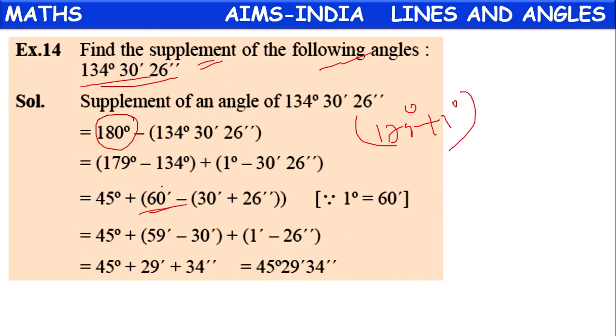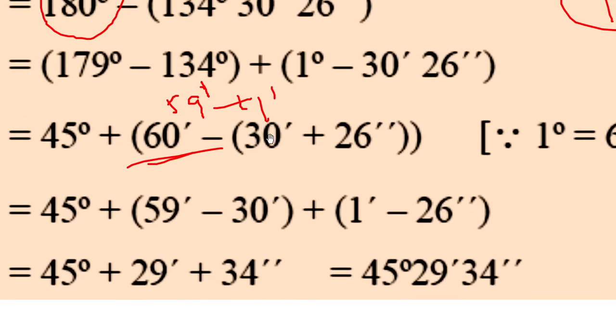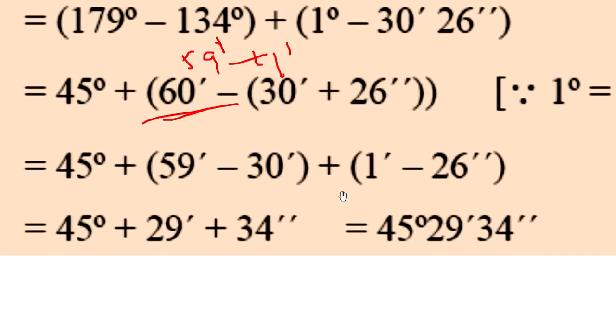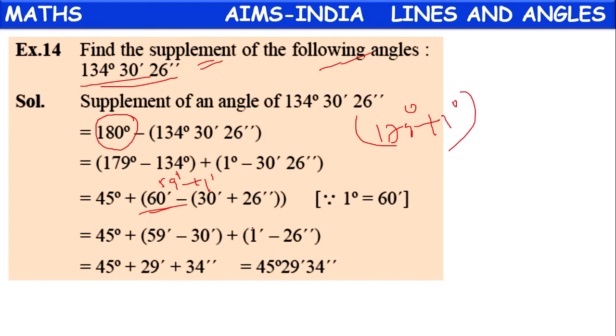So from 59 we can remove 30 minutes, plus from 1 minute we can remove 26 seconds. Again 1 minute equals 60 seconds.